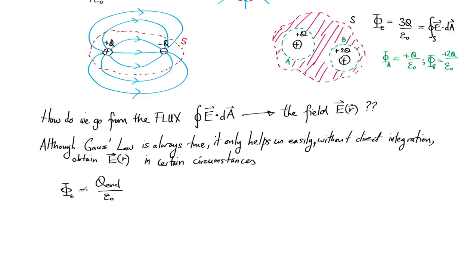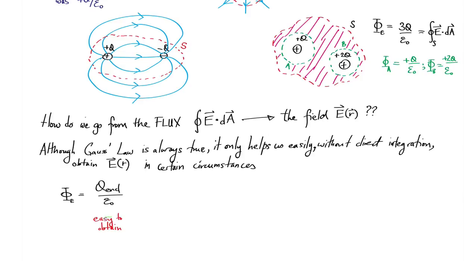It might just be counting the total number of charges inside. So this is relatively easy to get in many cases. And so this is equal to E dot dA.